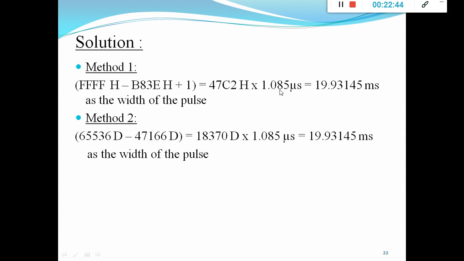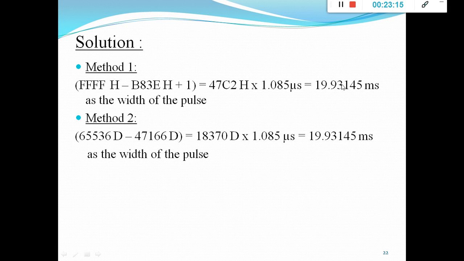Multiply that with the period, because of the same crystal frequency, 1.085 microseconds, and you get 19.93145 milliseconds. If you apply decimal, the decimal value of B83E is 47166. When you calculate, the decimal value is 18370, and multiplied by the period you get 19.9314 milliseconds as the width of the pulse.